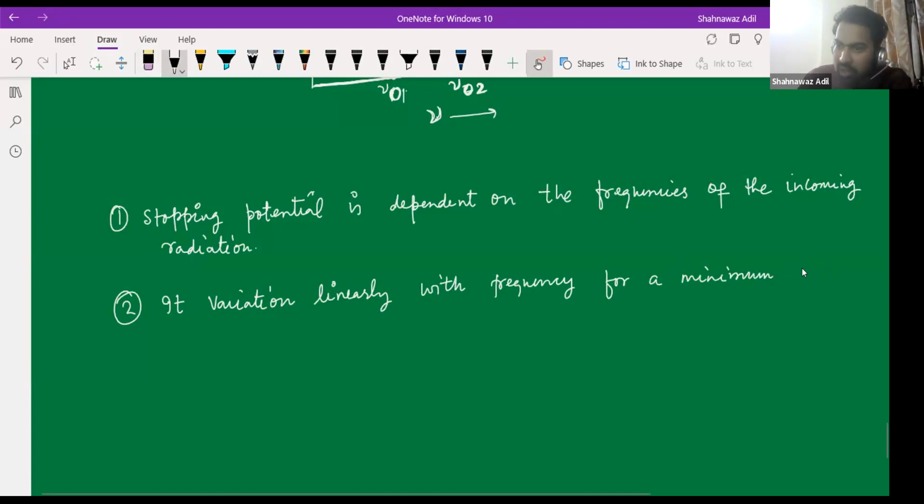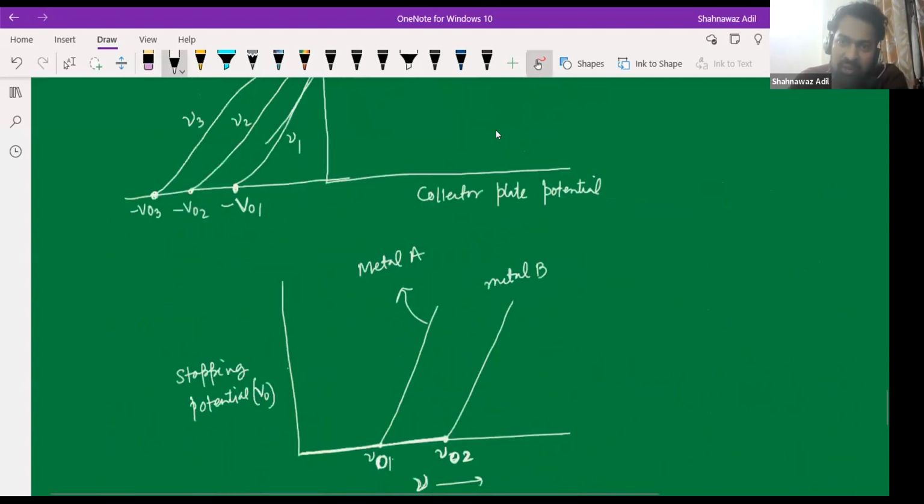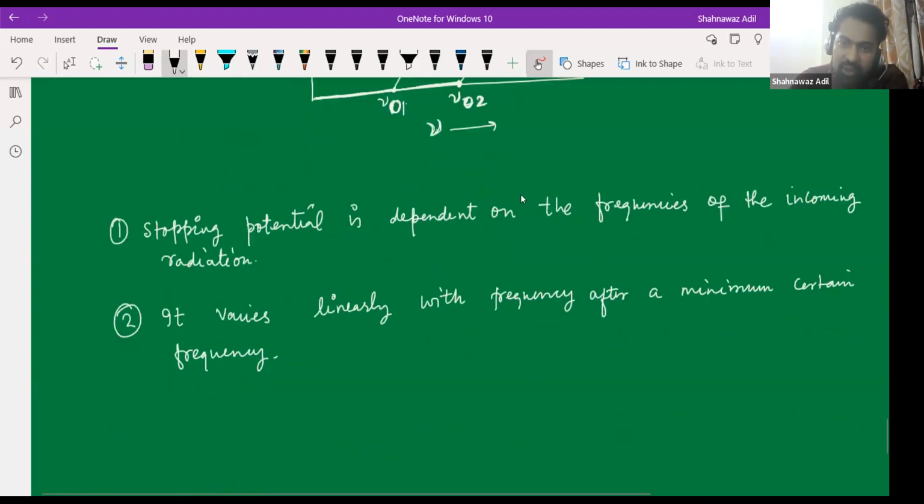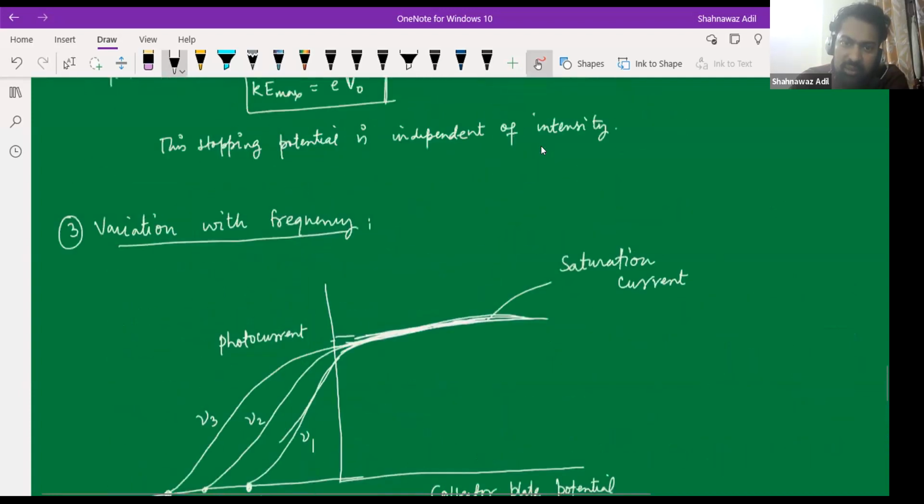But for a minimum certain frequency, it varies linearly with frequency after a minimum certain frequency. So these are the two observations we make from these two graphs, right? So for different kinds of metal, it is different. These are the two things that we understood.